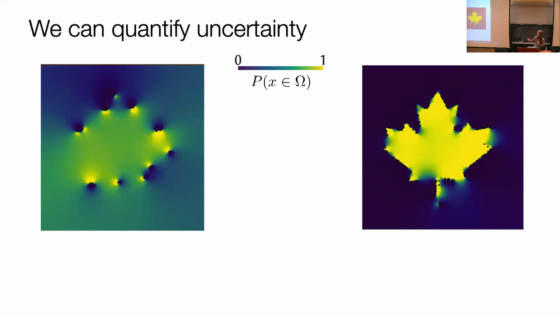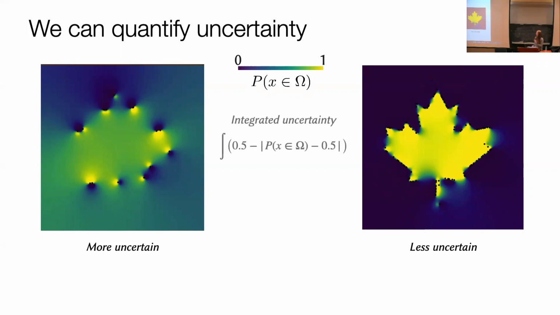For the thing on the left here, I still have no idea what the surface looks like. But for the thing on the right, I'm pretty sure what it looks like. So it's easy to see that one is more uncertain, one is less uncertain. This is because one has values that are almost either 0 or 1. It's very binary, whereas the other one has many values that are near 0.5, which means that we don't know either way. So we introduce this thing called the integrated uncertainty that just measures how far you are from 0.5 in the probability.